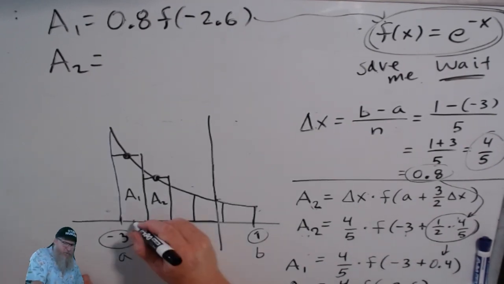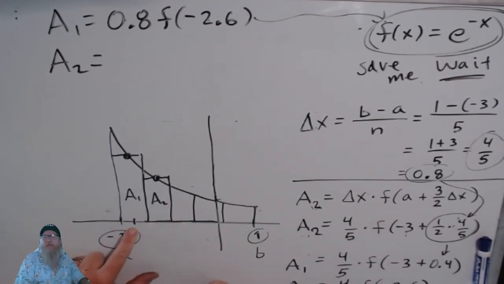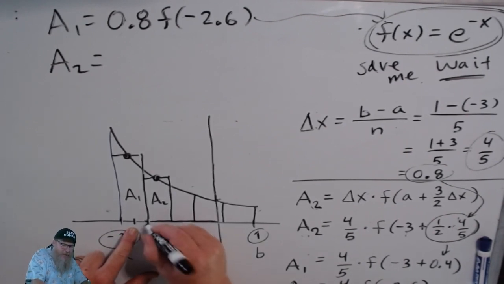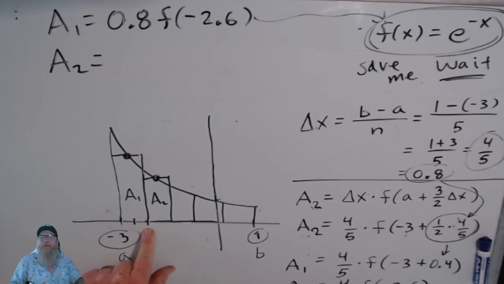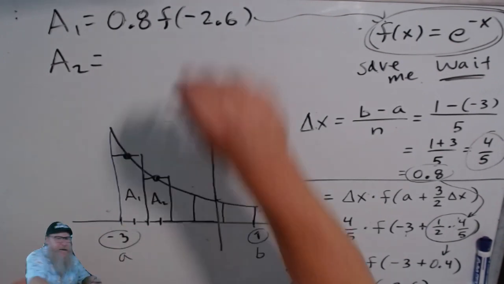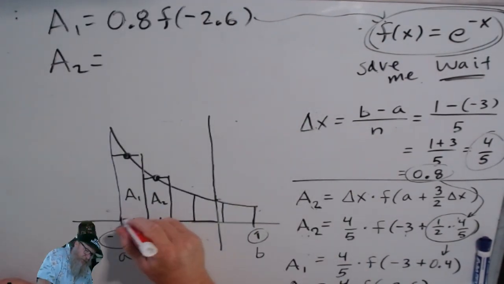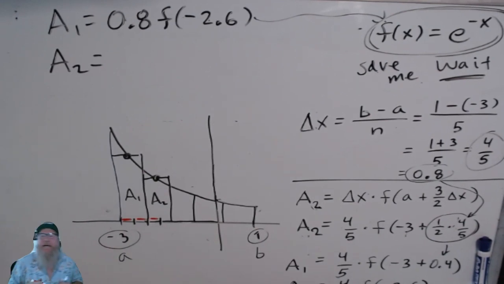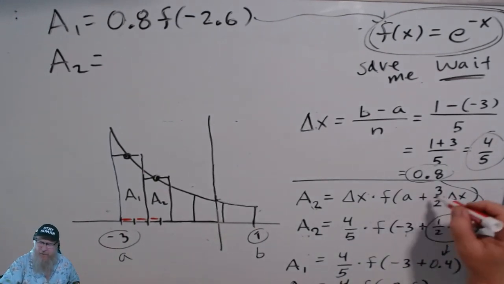So again, 1/2 gets you halfway through A1. Another half would get you right there. That would be an endpoint, a left endpoint. You want to go to the middle. So that's 3/2, which gets you to here.